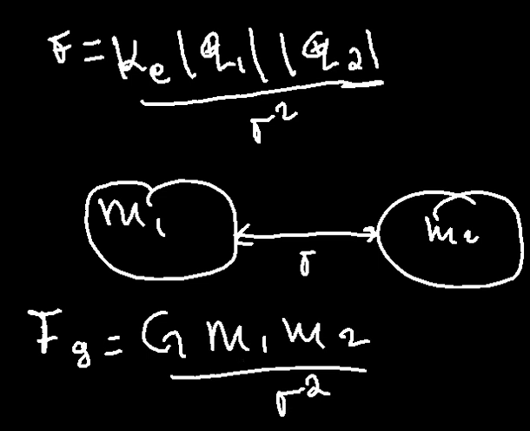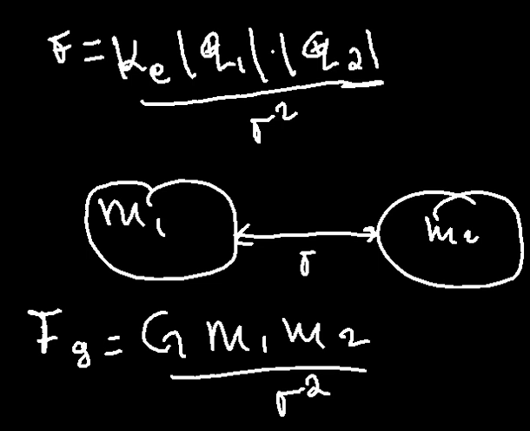But what are the differences between the electrostatic force and the force of gravity according to Newton's universal law of gravitation? You should understand that gravitation force is always an attractive force, while the electrostatic force can be repulsive or attractive based on the sign of the charges in the system.